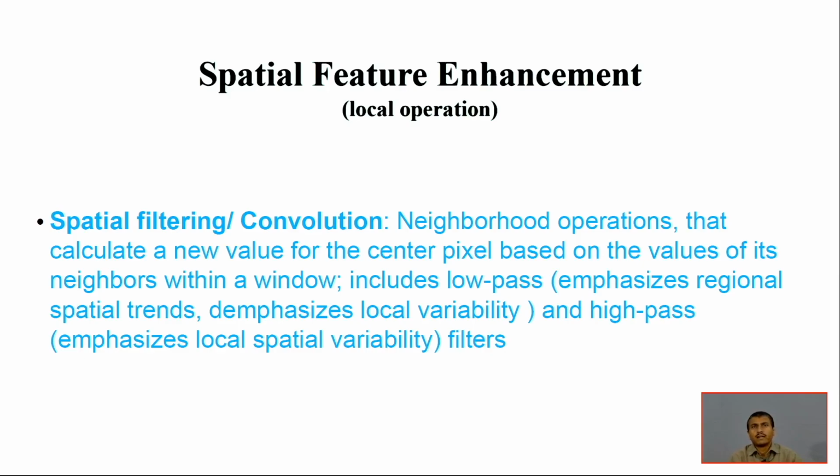So, the next important level in the processing of the image is spatial feature enhancement. Neighborhood operations calculate the new value of the center pixel based on the values of its neighbors. Suppose, for example, we are dealing with mines. Sometimes we find that some component is missing in the road, and I can well understand that the missing point is the haul road, and I know the brightness values of other points in the haul road.